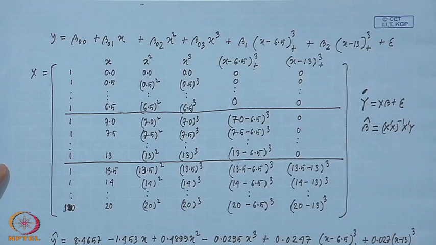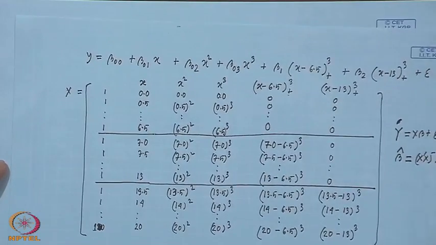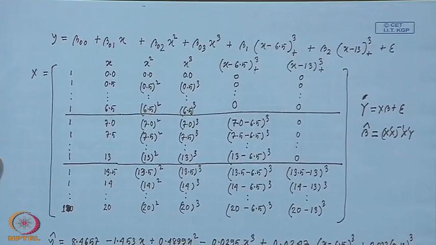This is how you get all these estimates. Now we have the fitted model using cubic spline with two knots, 6.5 and 13.